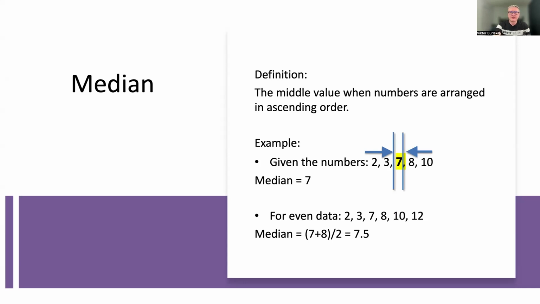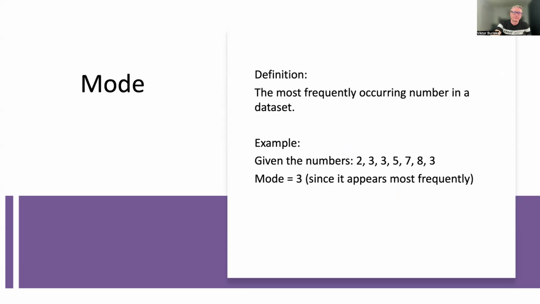When there is an even number of values, the median is the average of the two middle numbers. For example, in the data set 2, 3, 7, 8, 10, 12, the median is 7 plus 8 divided by 2, which is 7.5.